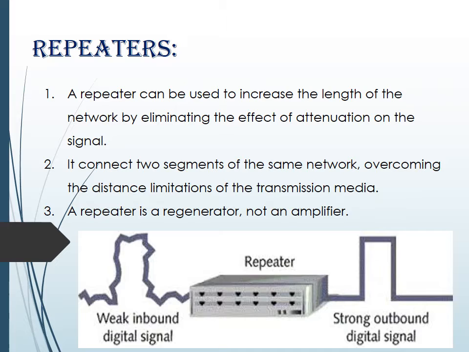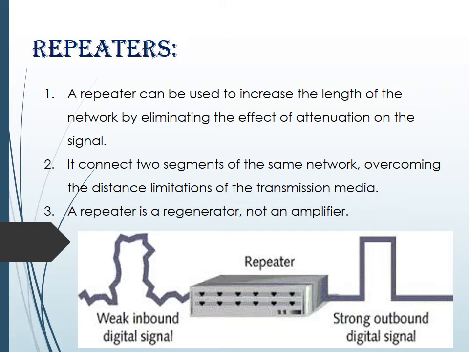Now the next connectivity device we have is called a repeater. The basic use of a repeater is to regenerate the signal. Whenever the signal passes along the wire, some parts of the signal get absorbed in the atmosphere. So when we pass a signal along the wire, we place a repeater in between.